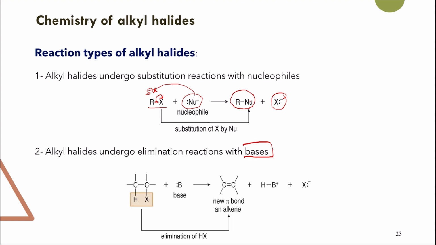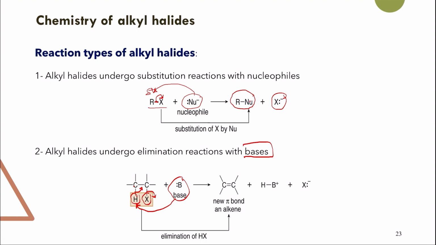An example of that: if you have a base, and then we have the alkyl halide. When we have two carbon atoms attached to each other, with one of them having the halide and the other one having a hydrogen, then the base can take the hydrogen, and then the halide will leave, while the electrons between the carbon and the hydrogen will make a double bond between the two carbons.